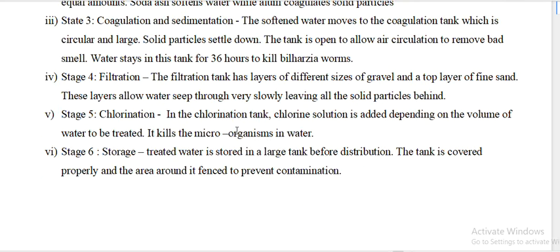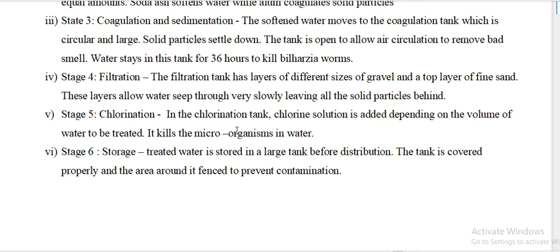Stage 4, filtration. The filtration tank has layers of different sizes of gravel and a top layer of fine sand, and these layers allow water to seep through very slowly, leaving all solid particles behind. Then stage 5, chlorination.